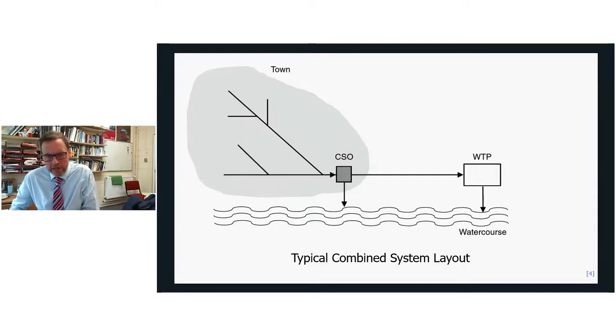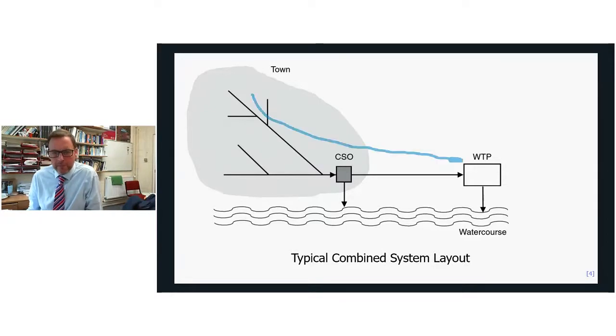So this is how our combined system looks. We have a town which has a pipe network serving it. That pipe network collects both surface water and foul flows, and takes those flows all the way to the treatment works. So during dry weather flow, that's certainly what happens.